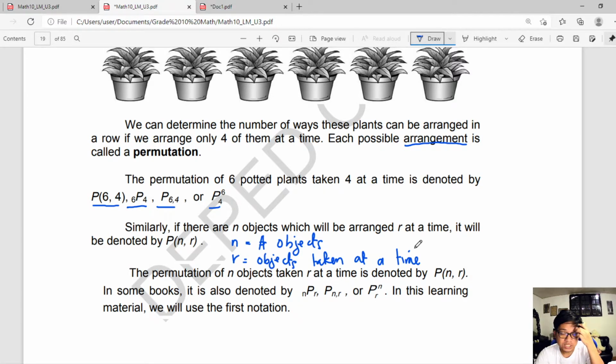So the permutation of n objects taking r at a time is denoted by this one, P of n taking r. In some books, it is also denoted by nPr, P n r, or nPr. In this learning material, we will use the first notation. So, ang gagamitin natin na notation is this one.